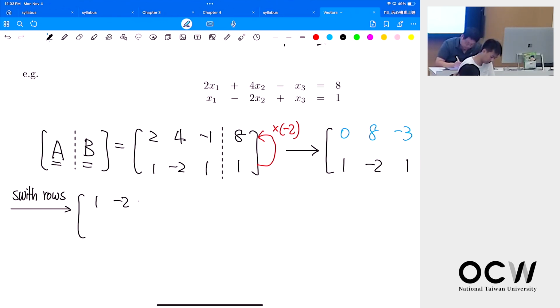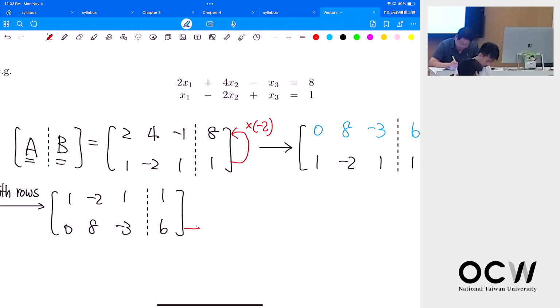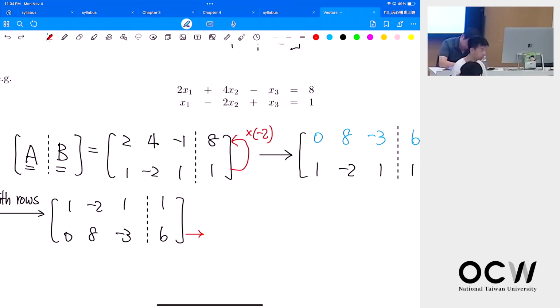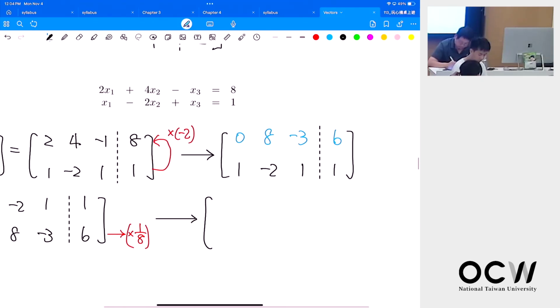1, minus 2, 1, 0, 8, 3, because I want my leading entries to move downward to the right. Now the B is still 1, 6. And then I can multiply by 1/8 to get the leading entry as 1. 1, minus 2, 1, 0, 1, minus 3 over 8. Here will be 3 over 4, 1.